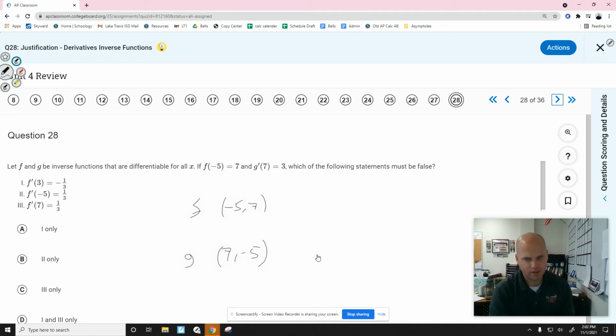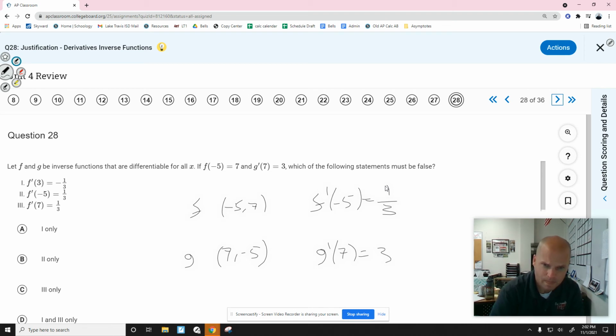I don't think we'll see that. Filling out my table, this is what I get. f prime of negative 5 has got to be a third. That's got to be true. Yeah, I think this is the question. So this is true.